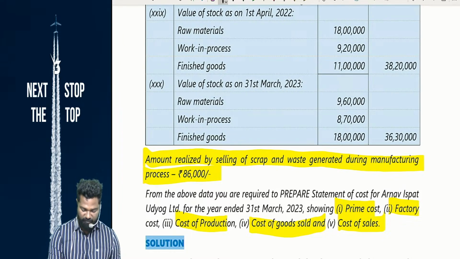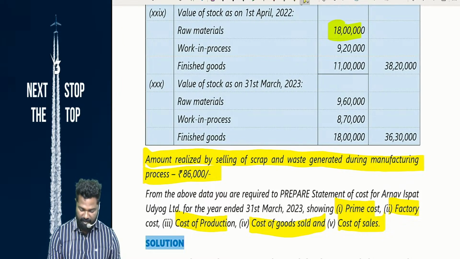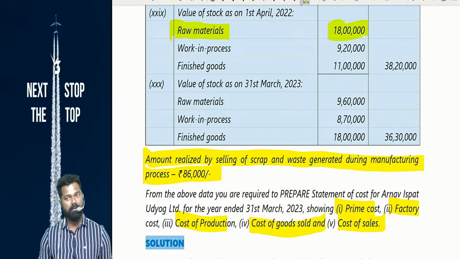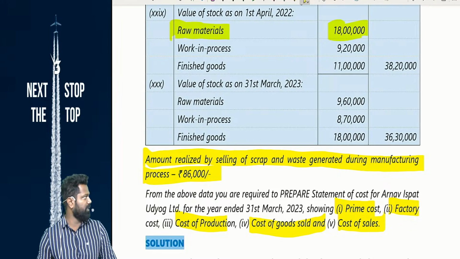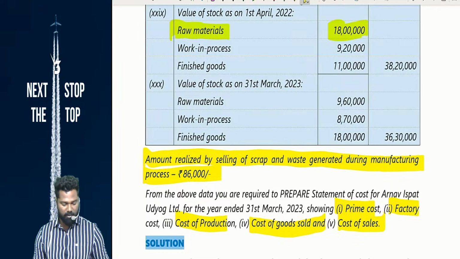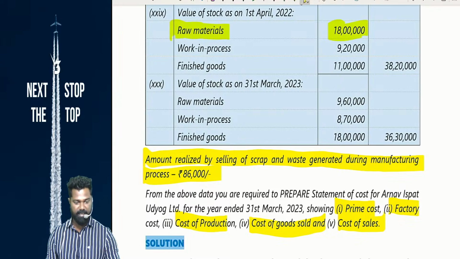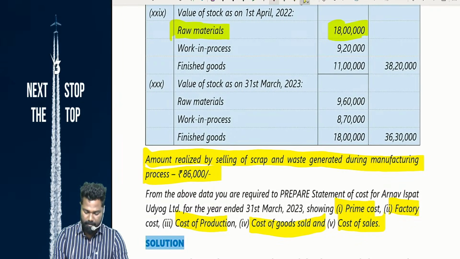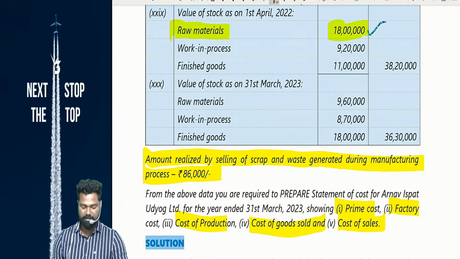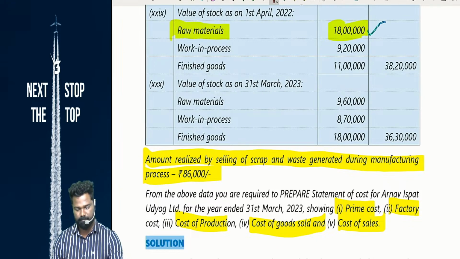Write in the inner column, don't write in the outer column. How much is that? 18 lakhs. Can you all see?